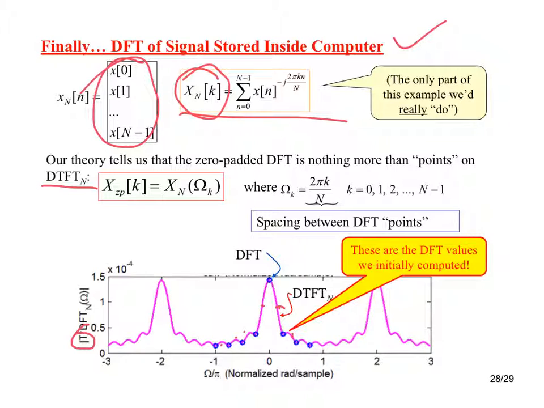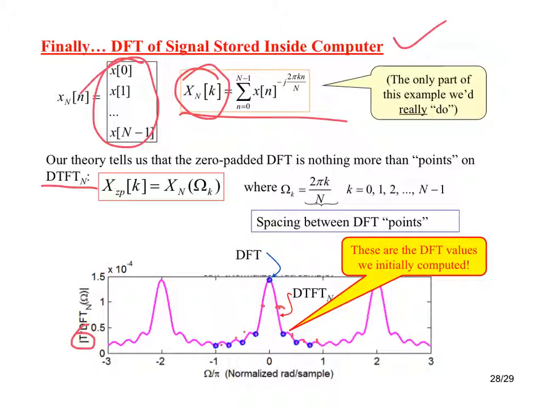I'd be getting these points, and I'd get one more right there. And so I would be getting a better view of this. I would start seeing some of those ups and down ripples that are there because of the leakage.